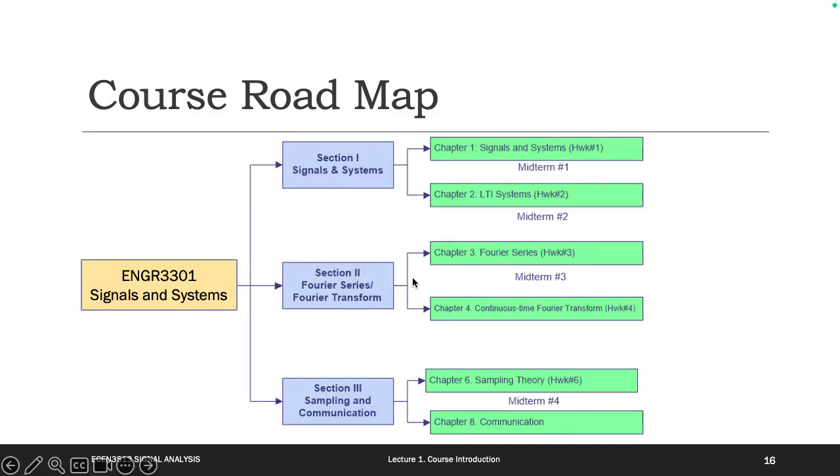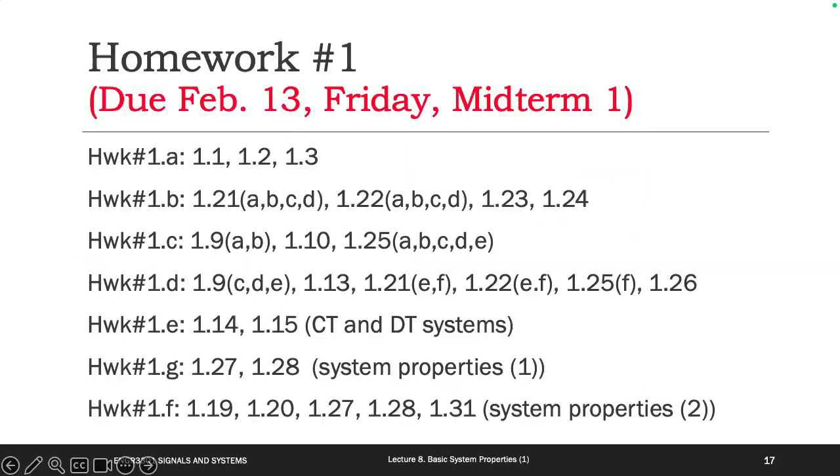This is today's class, and this is all the homework for chapter 1. Any questions so far? I will tell you what we will have on midterm 1 next class, and you can also have a cheat sheet. So far so good?